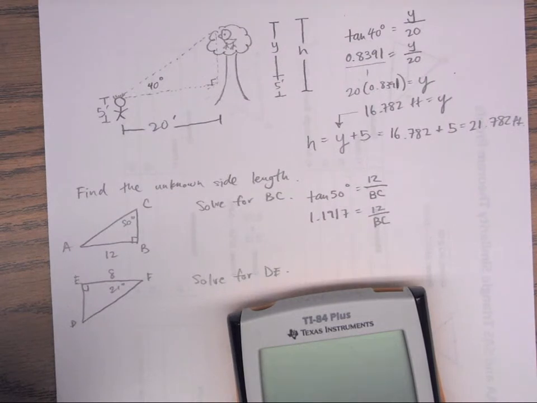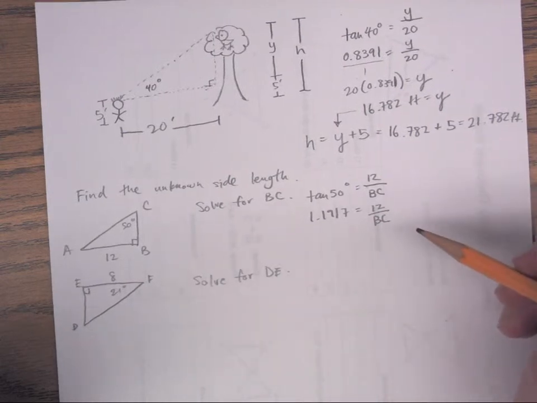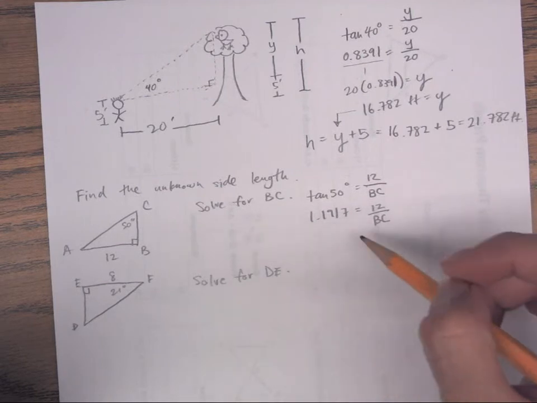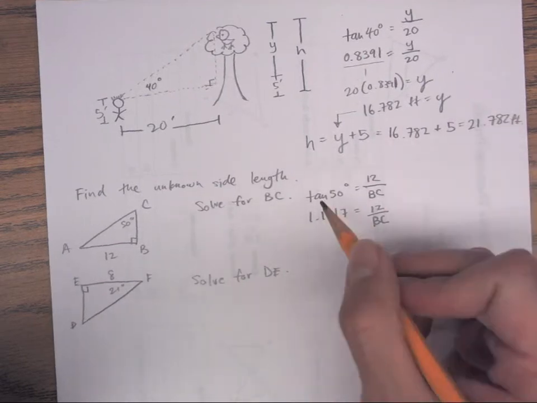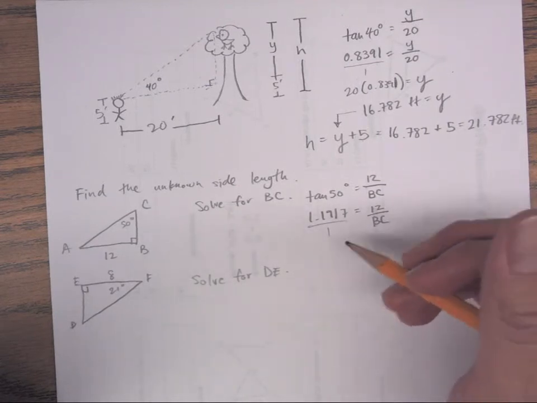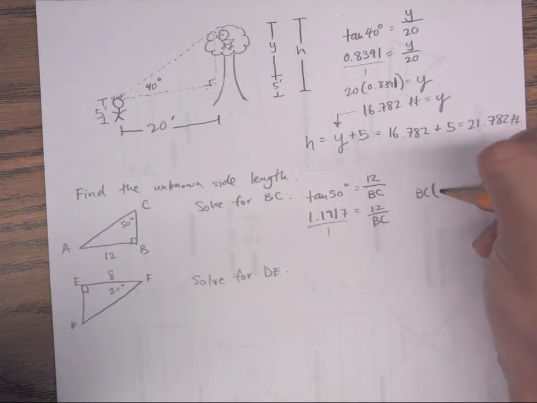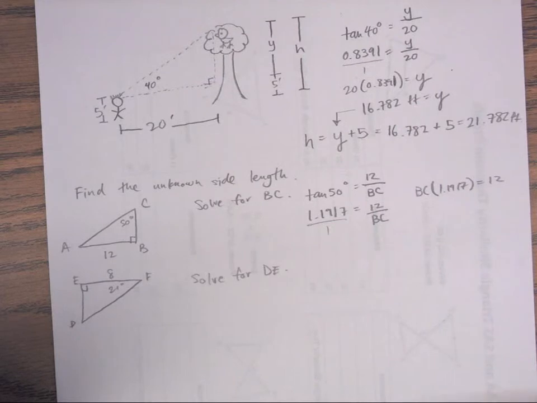Okay, this is where some of you seem to mess up with your algebra skills. If you're not confident with your algebra skills and multiplying BC on both sides and dividing by 1.1917 to solve for BC, put it over 1. Okay, so cross multiply. This is BC multiplied by 1.1917 equals 1 times 12.